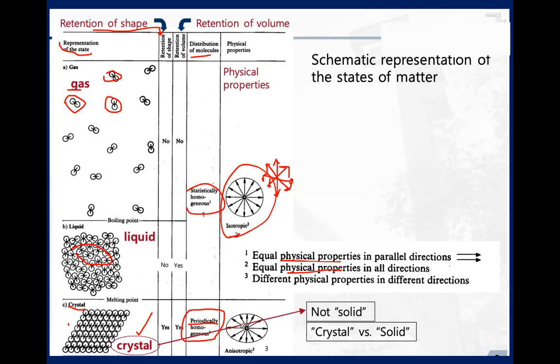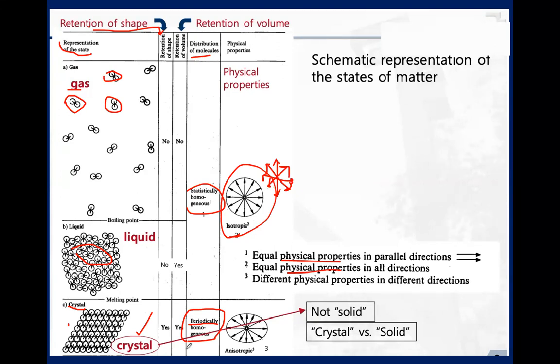But remember, it's not in all directions. You can't expect isotropic behavior for physical properties in all directions. But for some physical properties, for example some optical properties of crystals, like garnet-like minerals or crystals, they are equal in all directions.